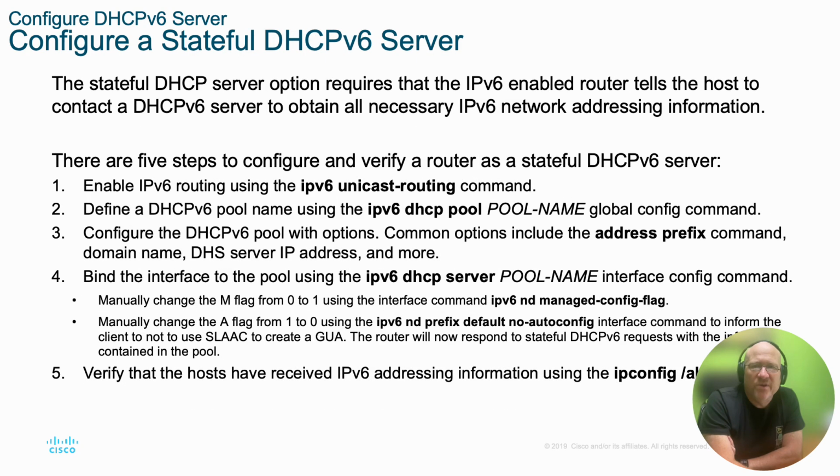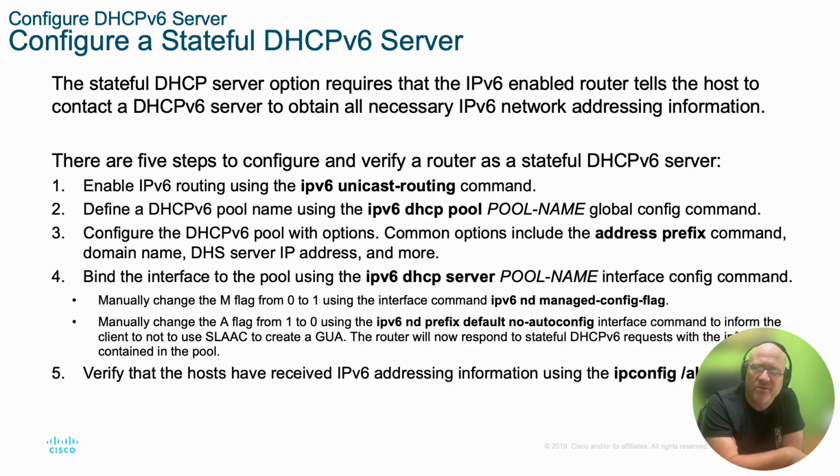For the configuration, we set up the pool, we set up the server with the pool name, and we tell it which interface we're going to push it out on as well. So you've got to bind the interface to the pool in this situation. Again, it's very interface driven.